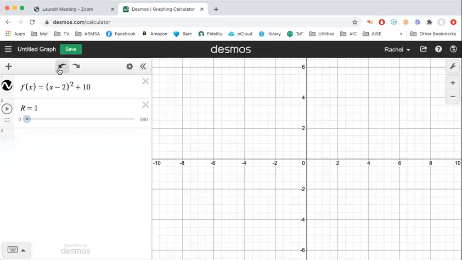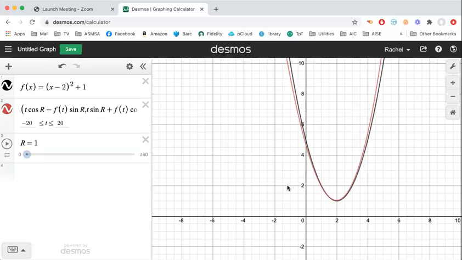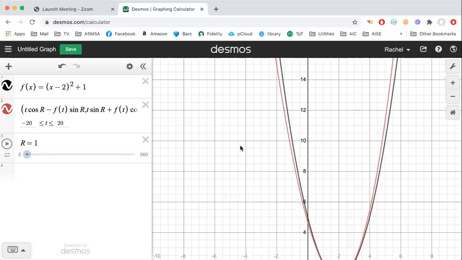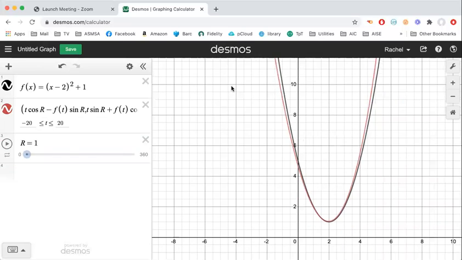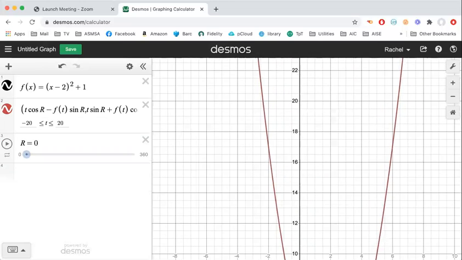Undo. Negative 20 to 20 will usually work and show what I need to see of my parametric equation. Can you see quite a bit is showing up? I'm a little off on my rotation. I'm at 1 degree, so let me get closer.